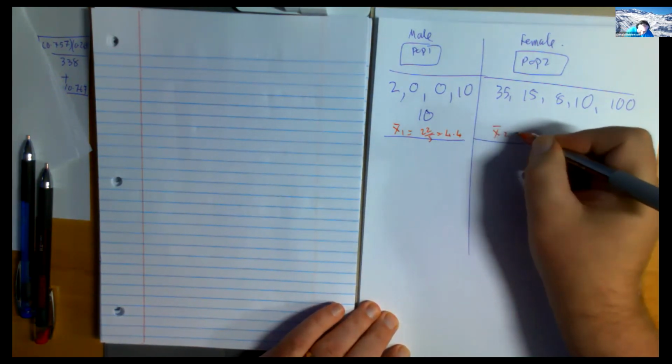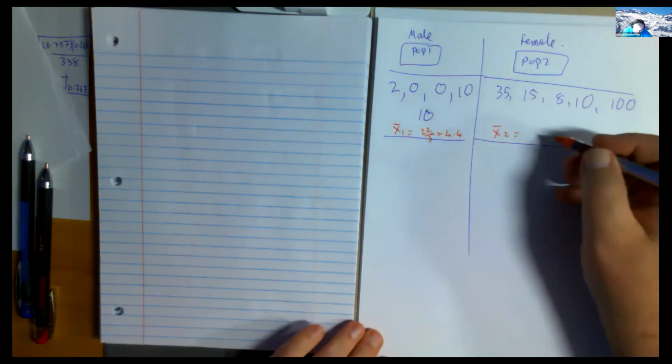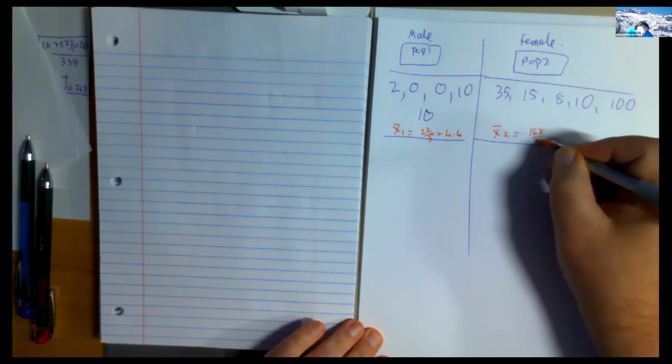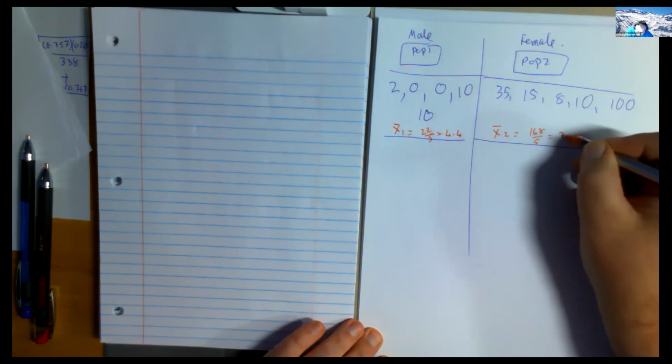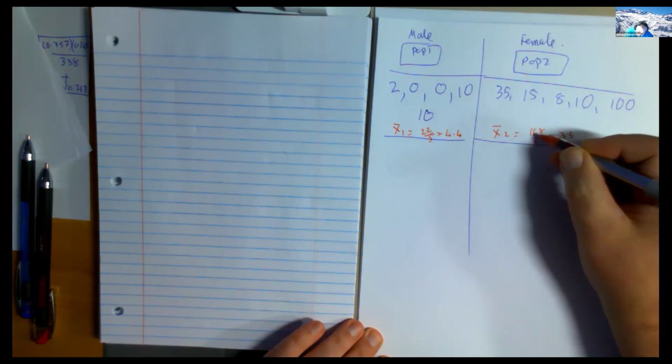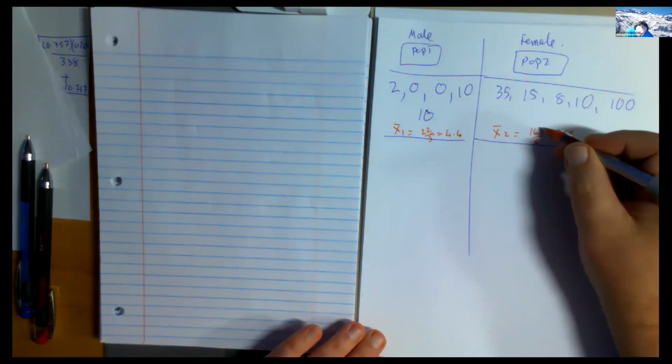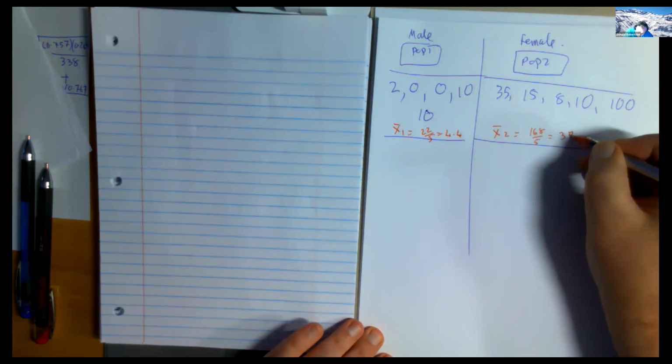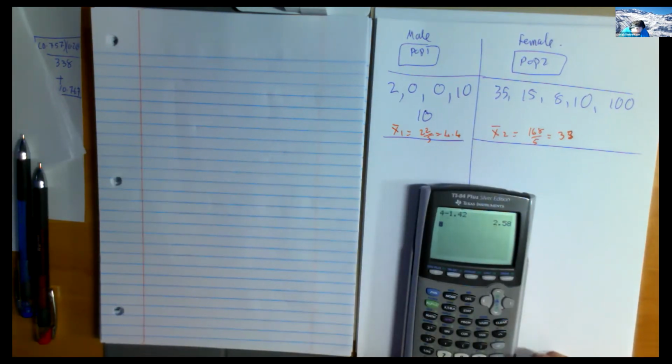And for the females, it's 168 over 5, which is what, 33.6? I better do that carefully. I don't want to screw up. It's big.